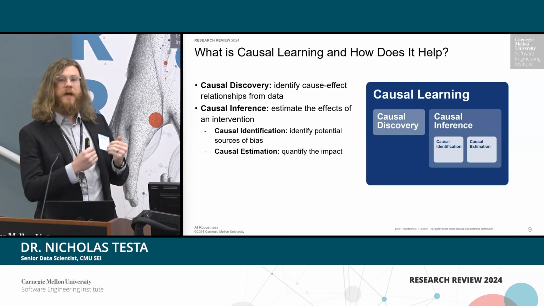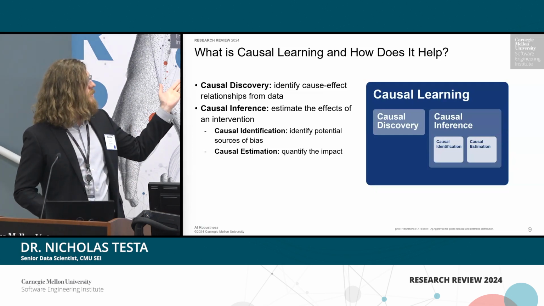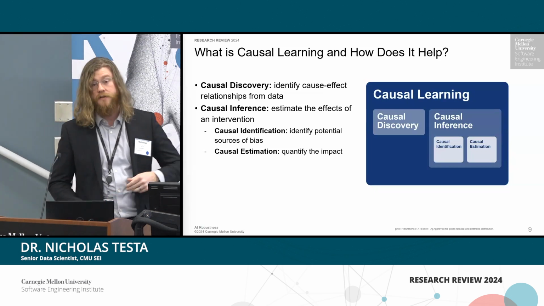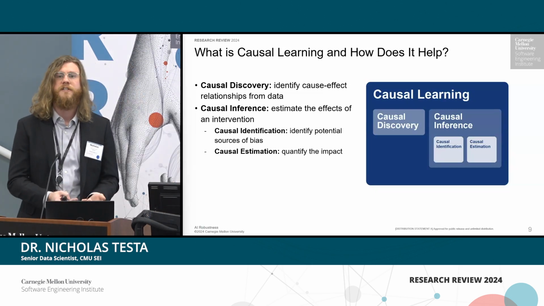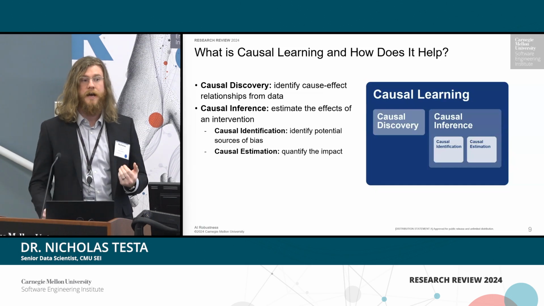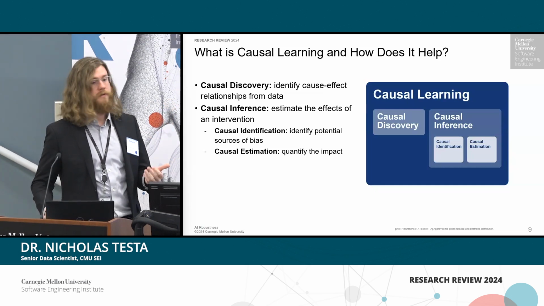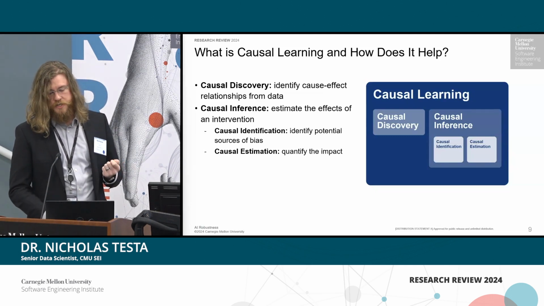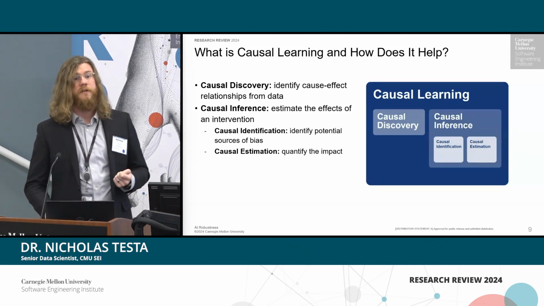Causal inference can then be further broken up into causal identification and causal estimation, which allow us to identify sources of bias and then quantify the impact that the experimental variable might be having. Causal estimation is ultimately the thing that we're after.